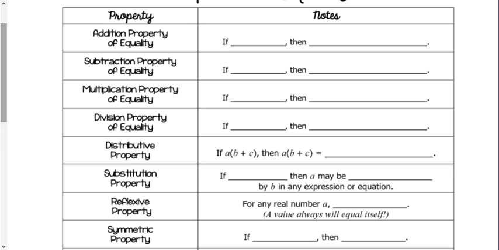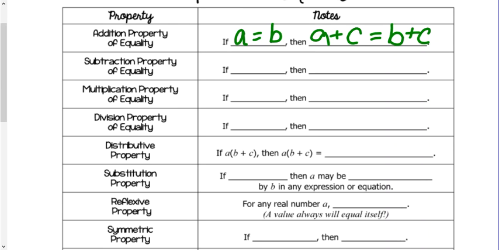So if we have some number or statement, if A is equal to B, then we can add something to A, and we can add that same thing to B, and the two sides of the equation are still equal.